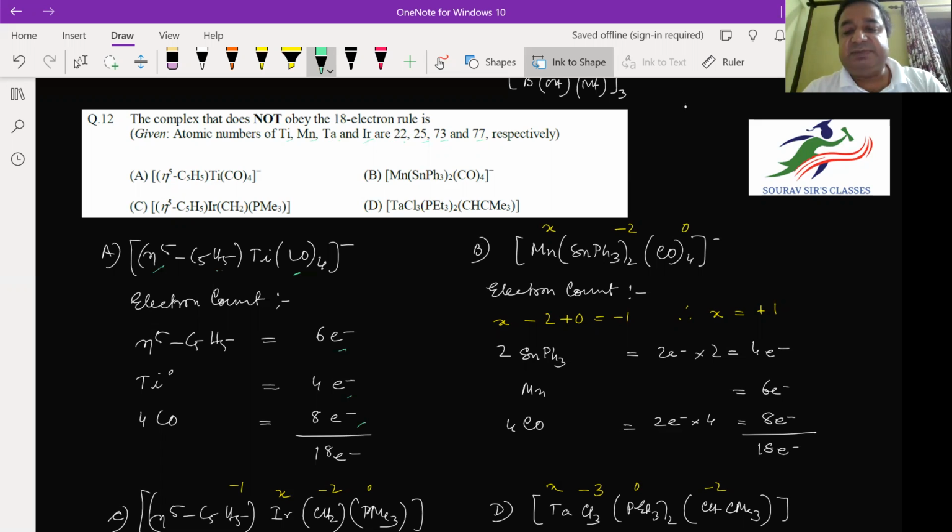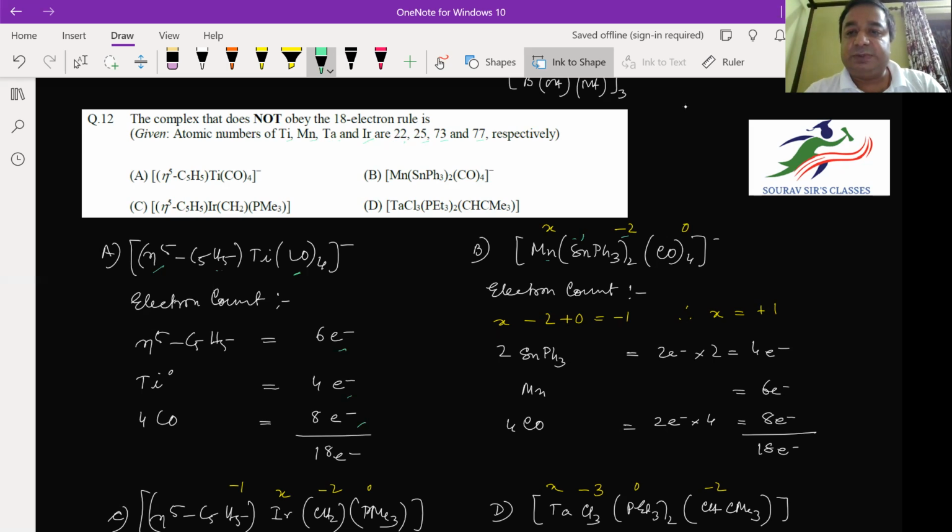Now for complex B, it is Mn, SnPH3 whole twice, and then we have 4 carbonyls. For each SnPH3, that is 1 negative charge. For the 2, it will be -2, and then we have the value of X for Mn.